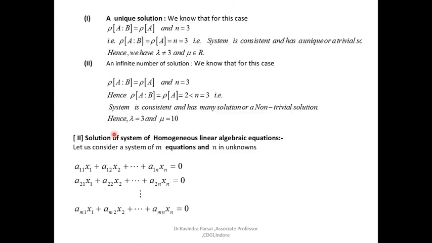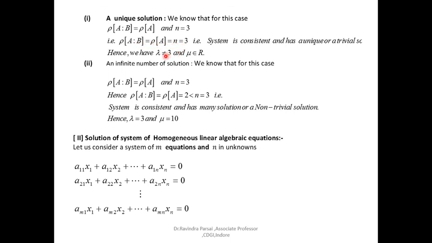Now the case is a unique solution. We know that when the rank of the coefficient matrix equals the rank of the augmented matrix equals the number of unknowns, the system has a unique solution. Both ranks are then equal to 3.